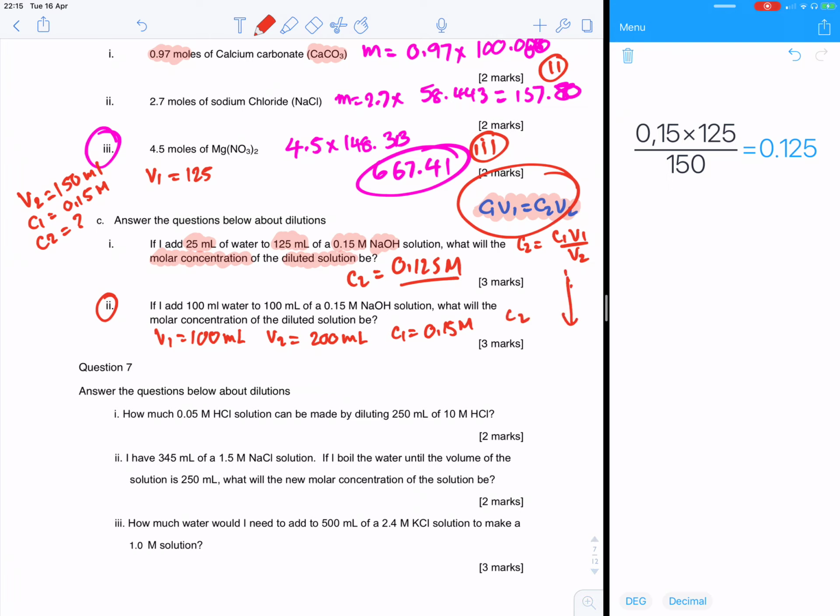So again, C2 is C1 V1 over V2. C1 is the same, 0.15, but V1 is now 100 for this calculation, and V2 is 200, so it's 0.075 molar.